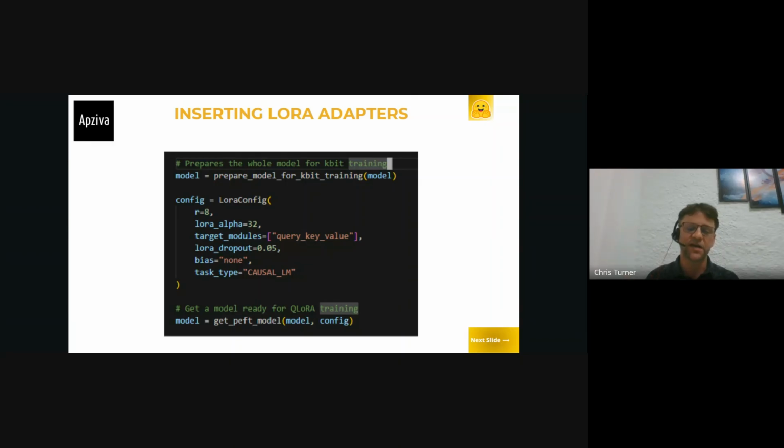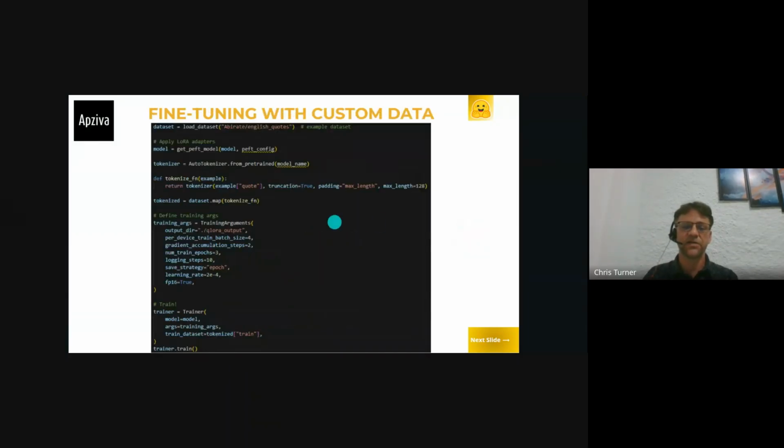We have quantized all of the model's parameters into the 4-bit normal float structure, and we have now inserted these LoRA adapters into the model. And so how do we do some fine tuning with this on our custom data? So here I just downloaded an English quotes library into this data set.